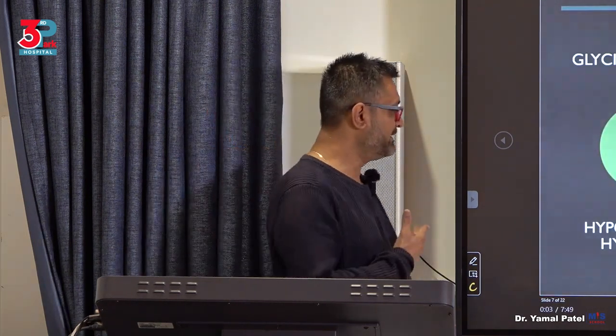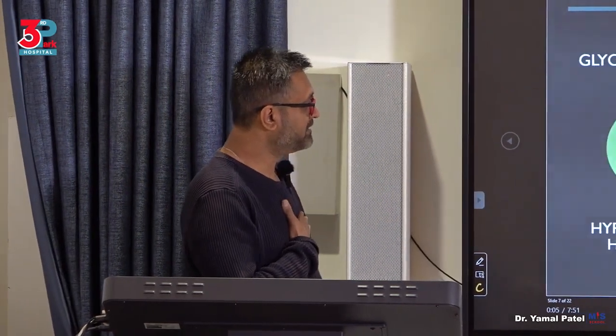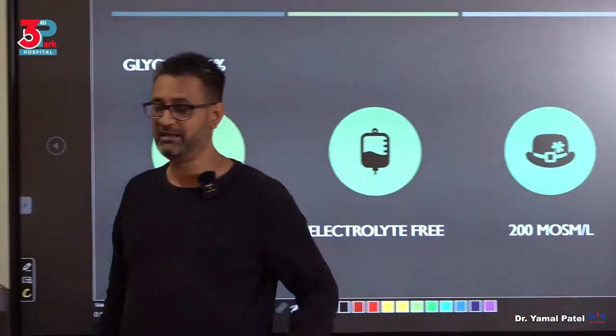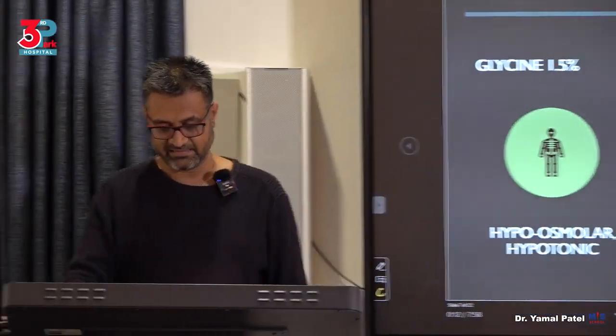So we said CO2 was good for diagnostic, not for operative work. You would get a very poor vision in the presence of blood, and the insufflator used would be different. It's not the same one that we would use for laparoscopy. Glycine, well, it is hypoosmolar, hypotonic. It's electrolyte free. It has an osmolarity of 200 milliosmoles. But the risk with it is a problem. Sorbitol is hypotonic.